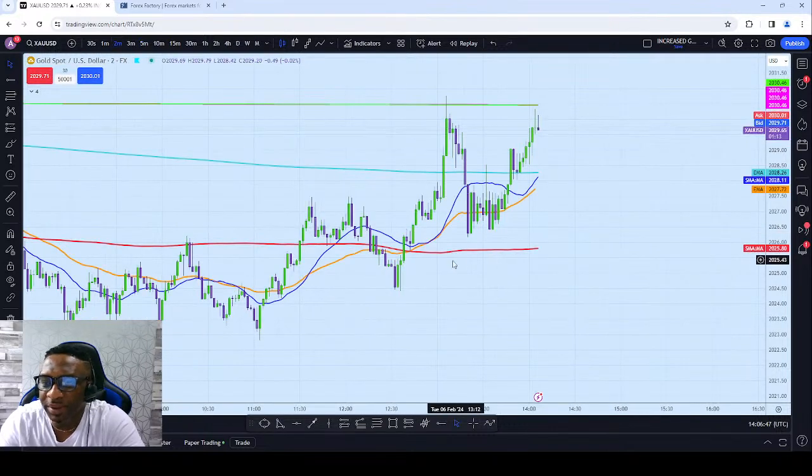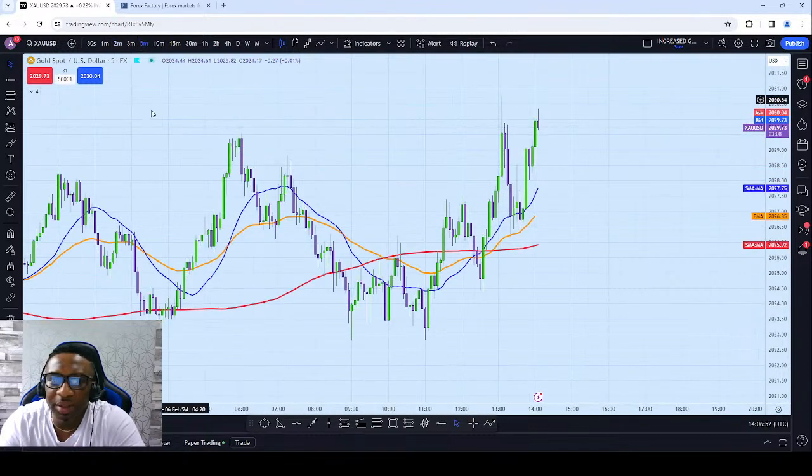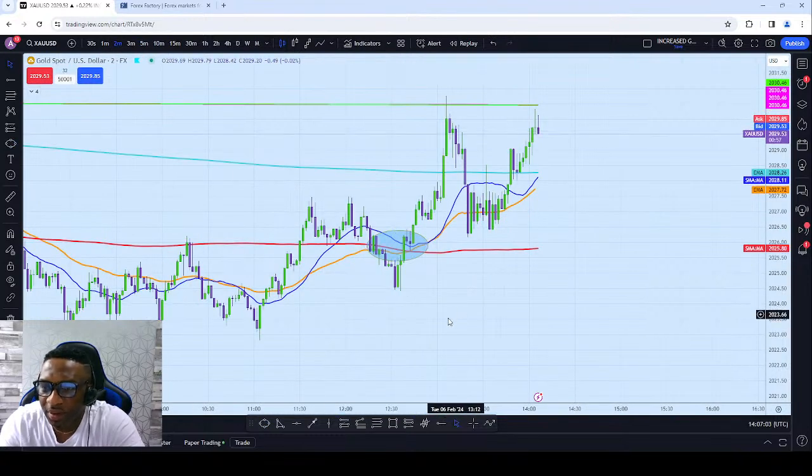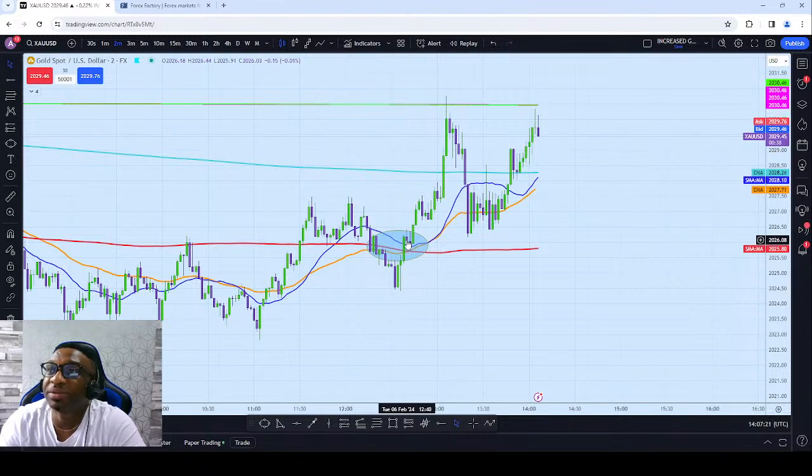If I go into my trading time frame, let's go back. Here I'll put something there that we're talking about. I go to 2 minutes. As price took out this last purple candle, we're better off at a point where price is above the 200 and above the 20 moving average.